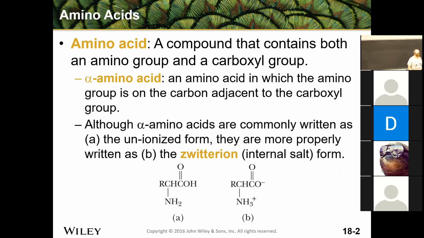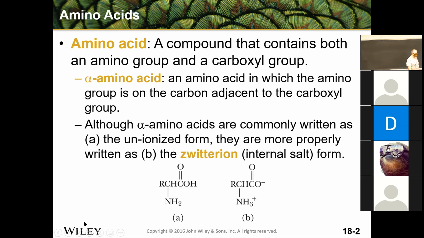Although alpha amino acids are commonly written as the unionized form, they are more properly written as the zwitterion. A zwitterion is an internal salt.